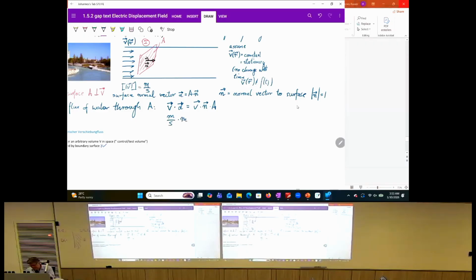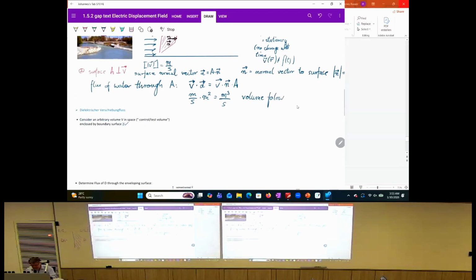We have an area which is given in meters squared, for example, and the resulting quantity would be meter cubed per second. So this is a volume flux, volume flow. So if you integrate the velocity over the area, then you get a volume flow.